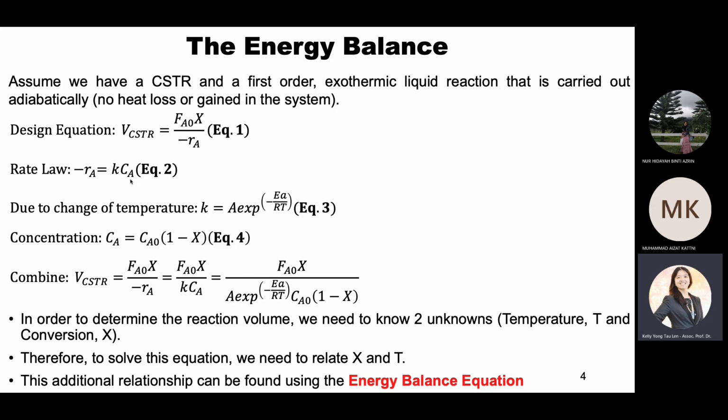Tapi masalahnya bila non-isothermal, kita dah tak boleh guna feed temperature sebab reaction temperature dah tak sama dengan feed temperature. Meaning, I might feed at room temperature, maybe about 30 Celsius, tapi because of non-isothermal, the reaction temperature is no longer 30 Celsius. So kan kamu ingat saya kata nilai K ni mesti ikut suhu tindak balas.